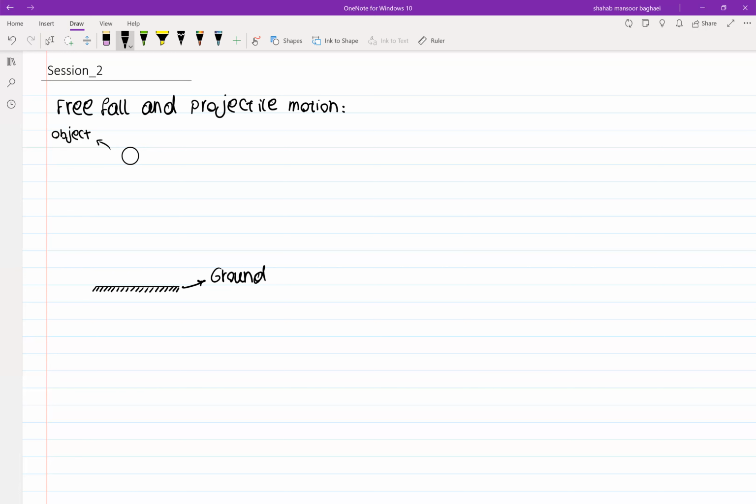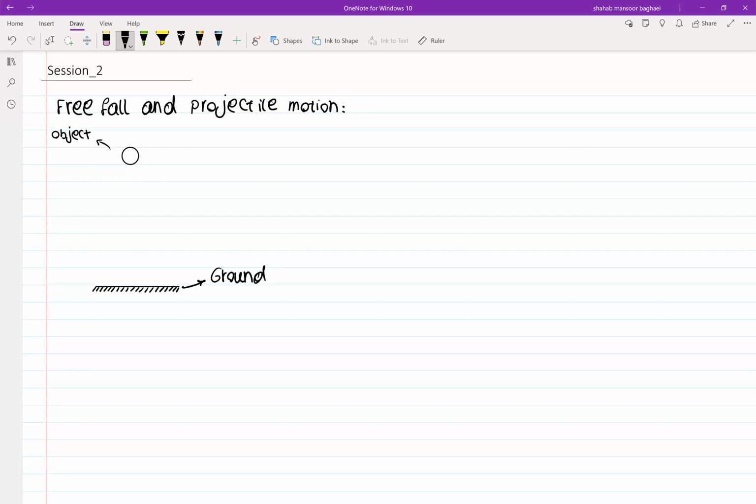So actually, the Earth planet has gravity, and gravity causes acceleration for this object, and it will make it go downward. Consequently, this motion is called free fall, and that object is called a falling object.